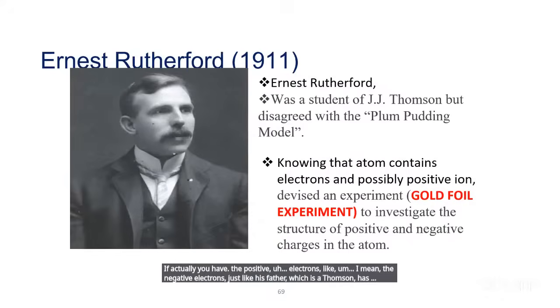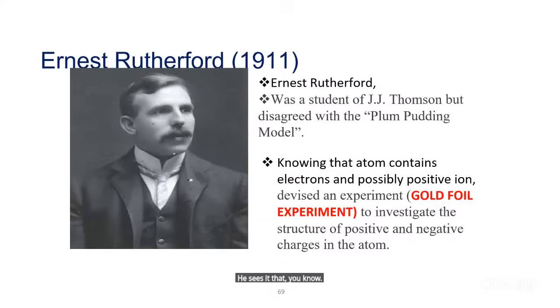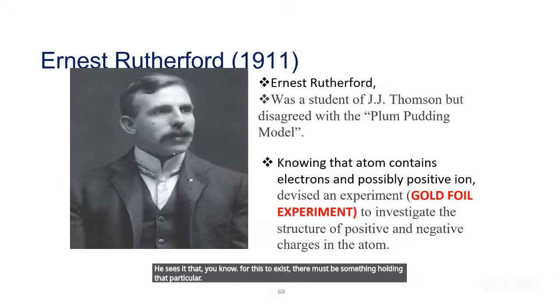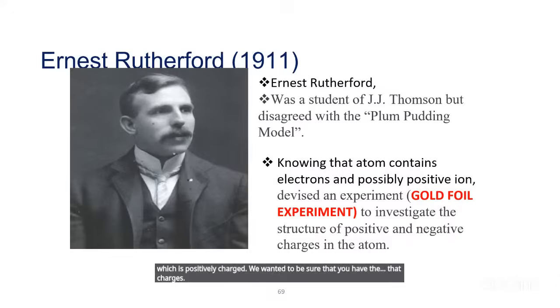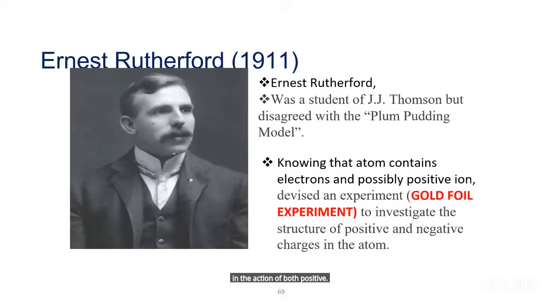He sees that for this to exist, there must be something holding those electrons, because like charges we know will repel each other. If you have electrons scattered in the dough, which is positively charged, we wanted to be sure that you have both positive and negative charges in the atom.